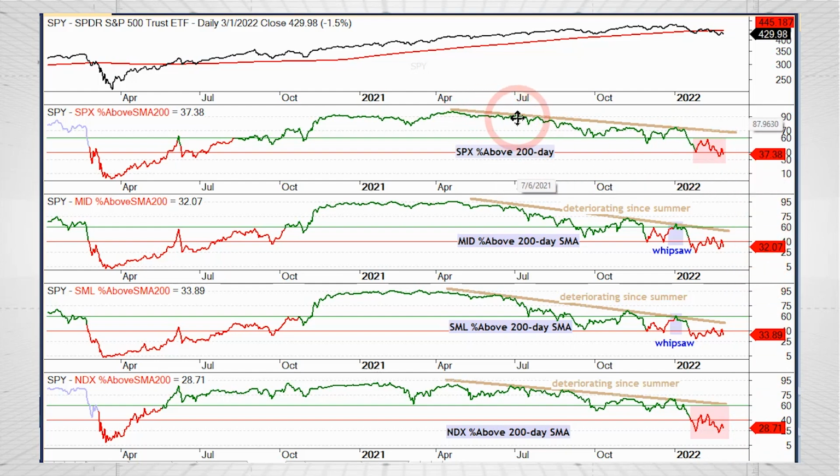We've had deterioration since basically the summer, but it didn't become a concern until January when we started breaching the 40% levels in all four. And so that's why we're saying that there is a big headwind out there for the average stock.